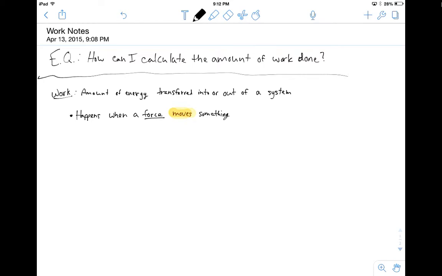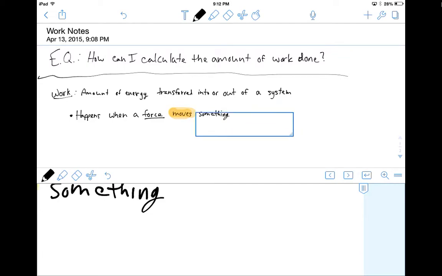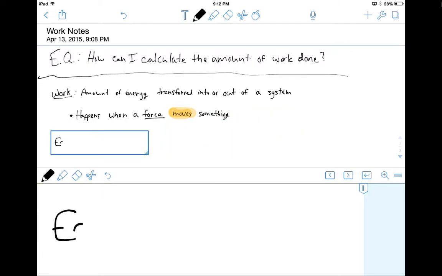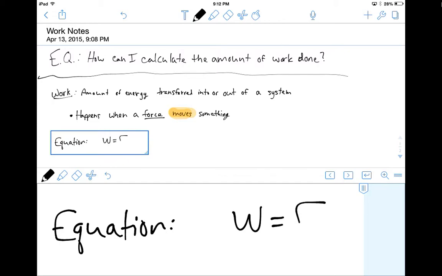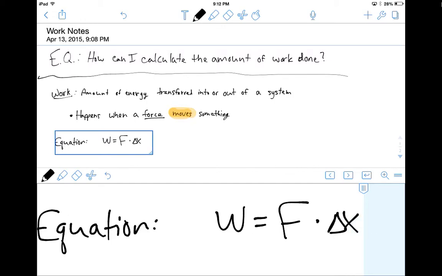All right, we just finished a lab, and in the lab, we actually calculated work. We calculated work when we multiplied the distance or the length times the average force. So the main equation that we want to start off with here is that work equals force times delta x.